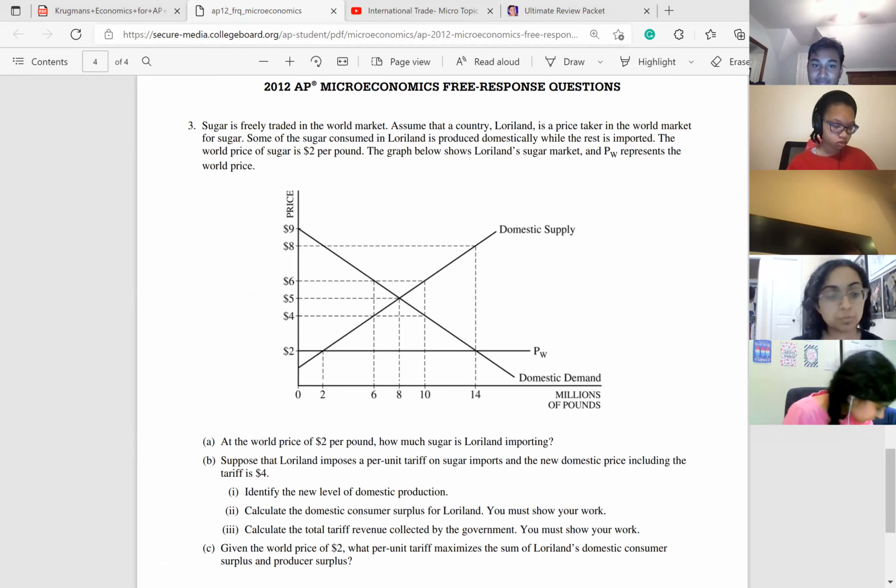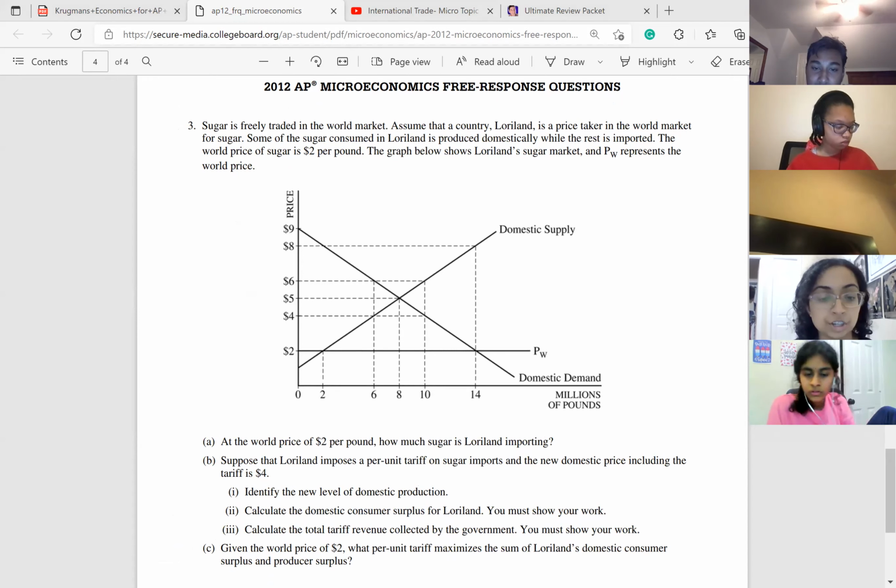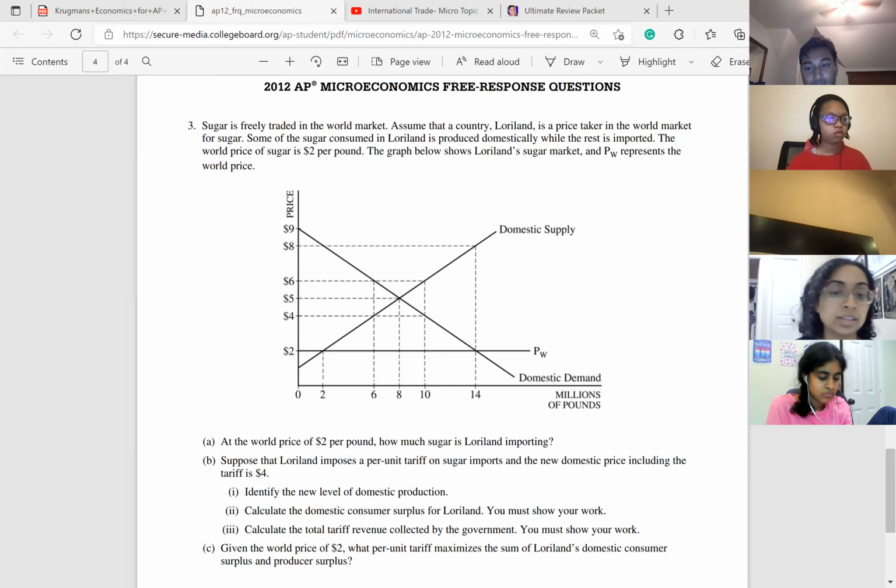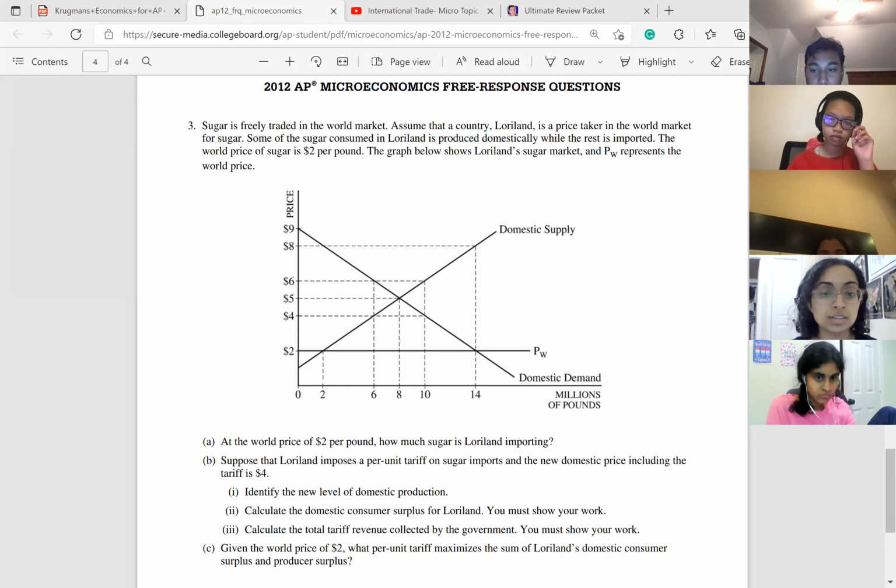It says, at the world price of $2 per pound, how much sugar is Loriland importing? So the world price line is that horizontal one at $2, because no matter what quantity people are buying, the price will always be $2. And that world price line intersects the domestic supply line at 2 million pounds of sugar.